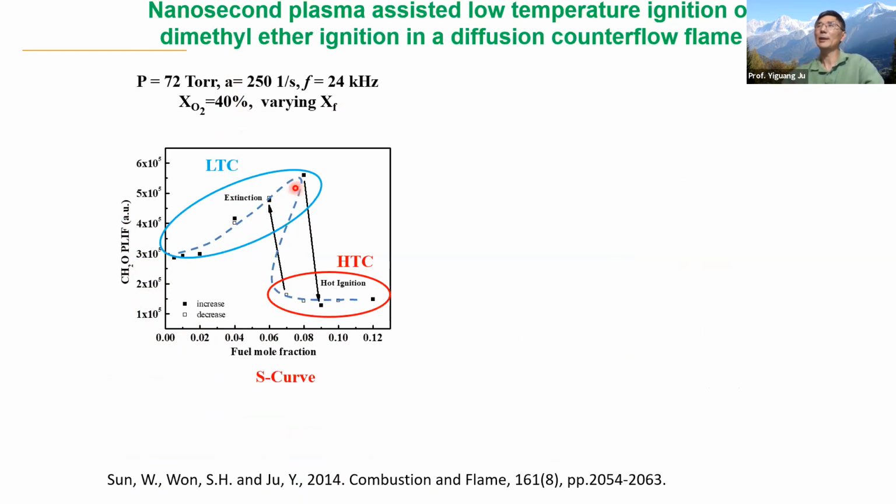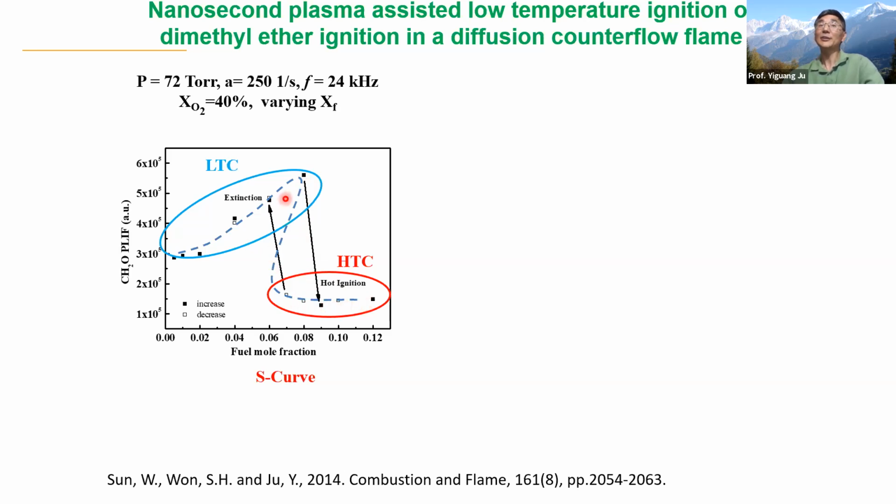Formaldehyde formation is a clear indication of the low temperature chemistry, LTC, of dimethyl ether. When you further increase fuel concentration, suddenly this formaldehyde disappears, and it goes to a hot ignition, a high temperature flame.